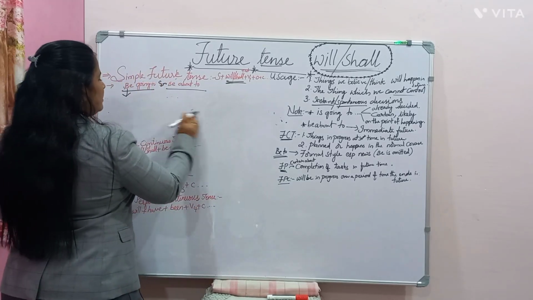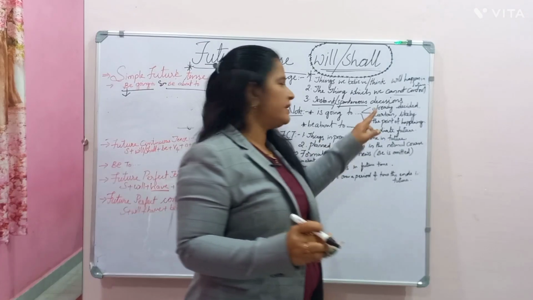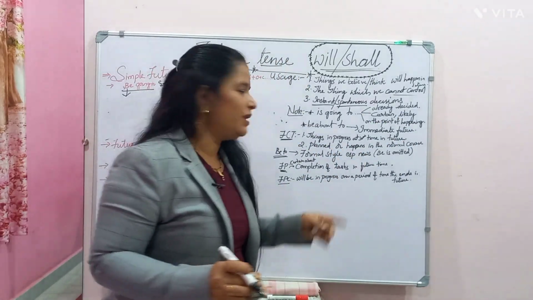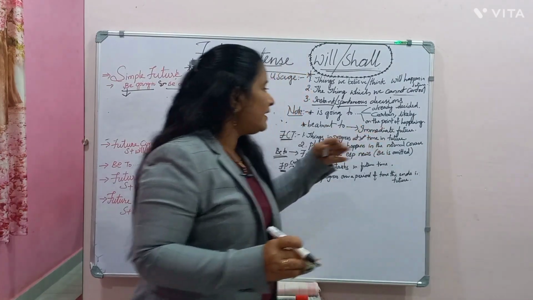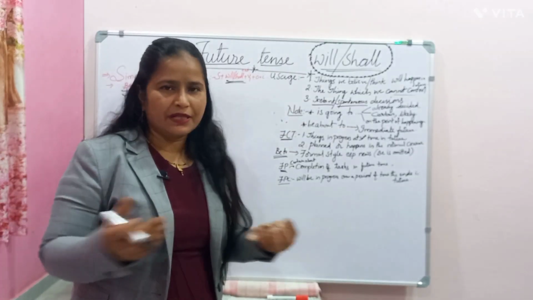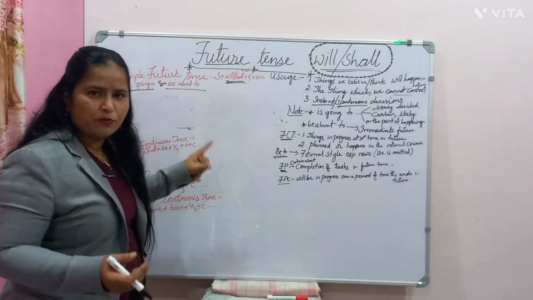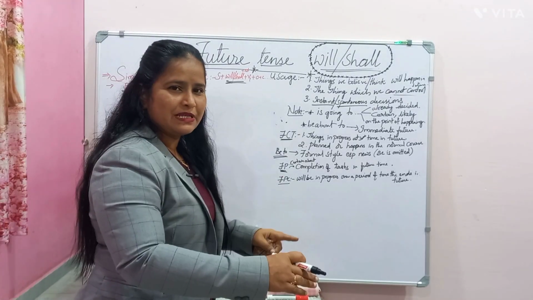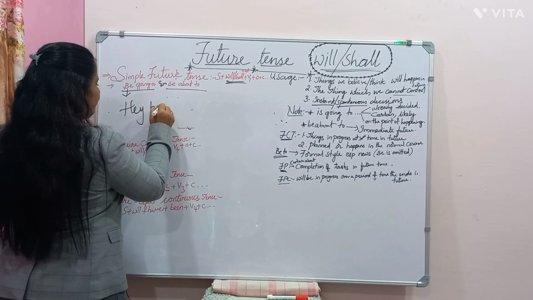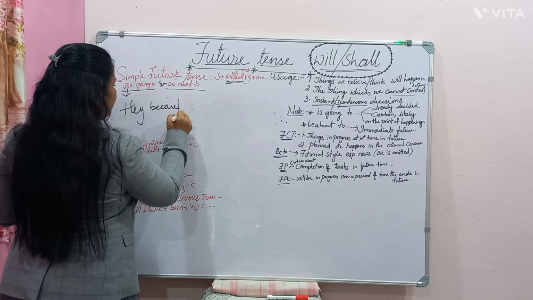And is going to is for already decided, and for certain things where you notice it is certainly going to happen, and on the point of happening. So when I am doing certain things, for example, my board moves, imagine. Somebody says, hey, be careful.